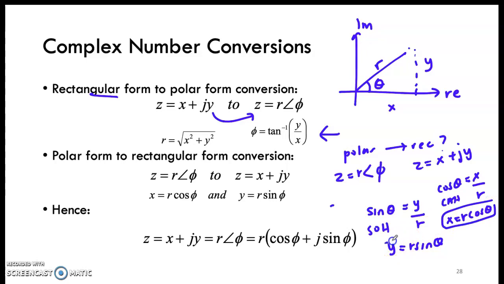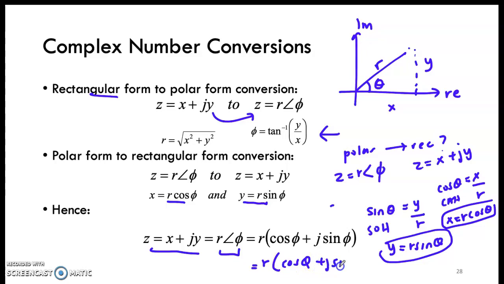So x equals r cos theta and y equals r sin theta. Hence, the rectangular form is r cos theta plus j r sin theta.